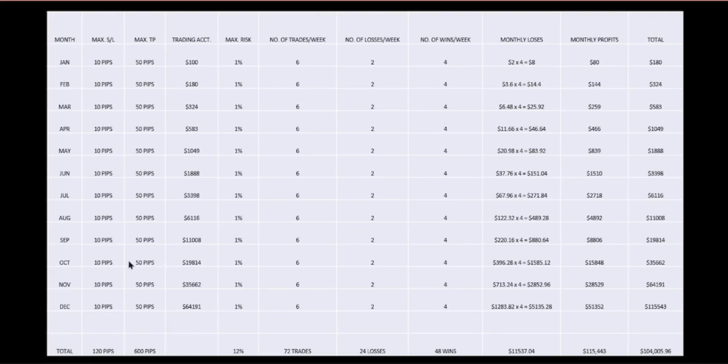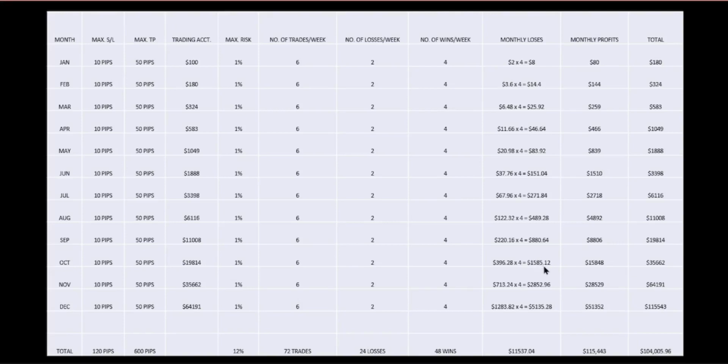Now we move to October. The same, everything constant, but our trading account will change to $19,814, and every other thing remains constant. And in that month, we'll be losing $1,585.12. All right? Why is it increasing? Well, it's increasing as our trading account increases.